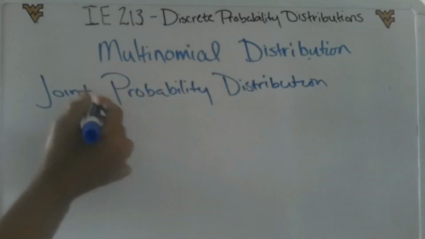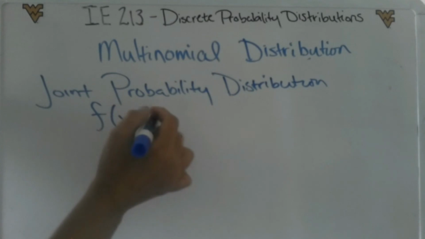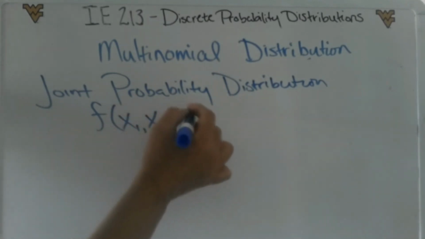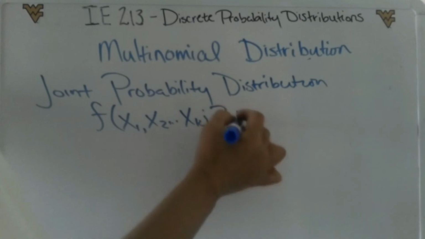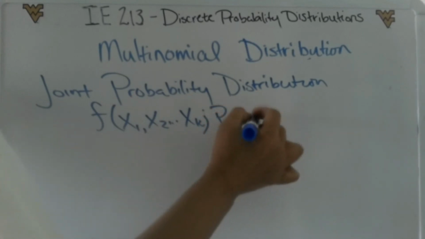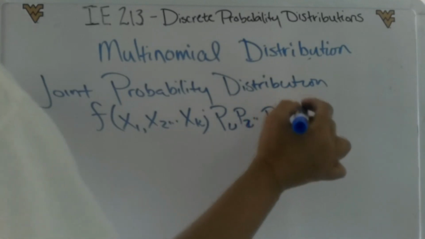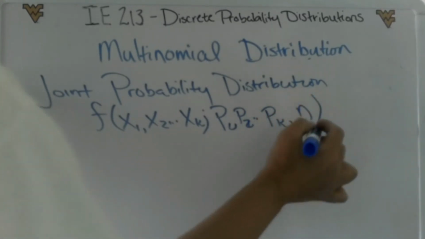So the joint probability distribution equals f of x1, x2, dot, dot, dot, xk, with probabilities p1, p2, dot, dot, dot, pk, and n for the total number.